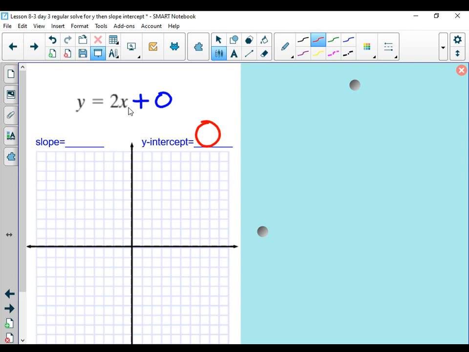And this one is saying 0. The line we're about to draw runs into the y-axis at 0. And then I'm going to find the rest of the points somehow.